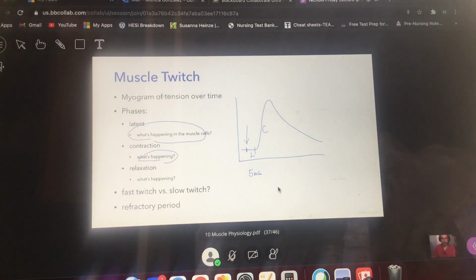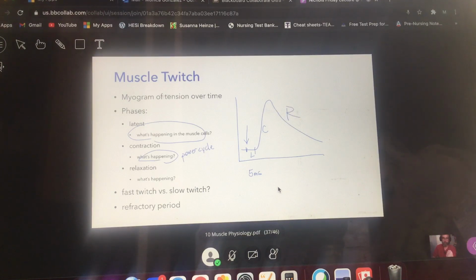So this is what we refer to as the power cycle, where there's plenty of ATP available, so myosin is free to attach, pull, let go, reset, and keep the muscle contracted.